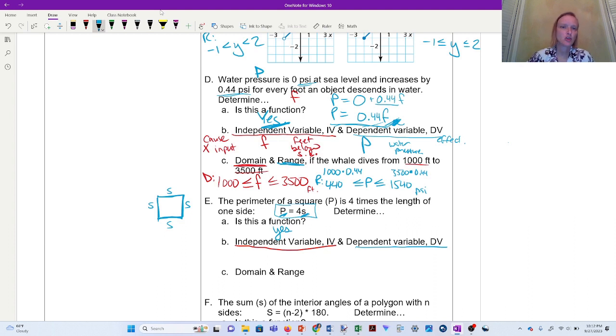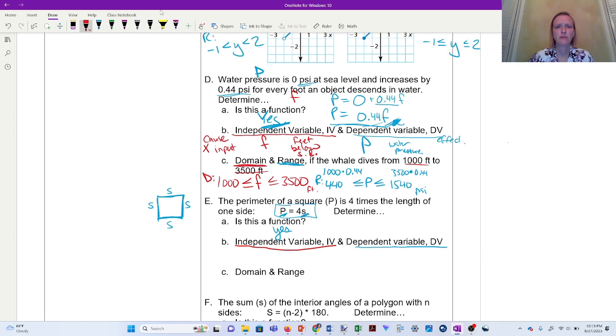Well, we have two variables in this equation, p and s, and one of them is depending on the other. The thing we can control more, the thing we get to choose, is the length of one side of a square. We can choose how big the square is, but then the perimeter changes as a result of that. As we increase the length of a side, the perimeter also gets bigger.